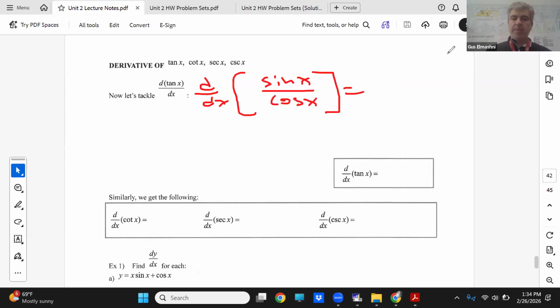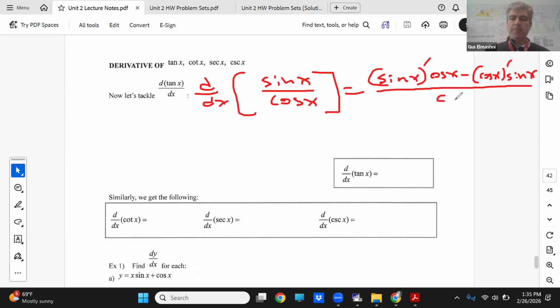So if I take that derivative, remember it's the derivative of the top times the bottom minus the reverse, over the bottom squared. What's the derivative of sine x?